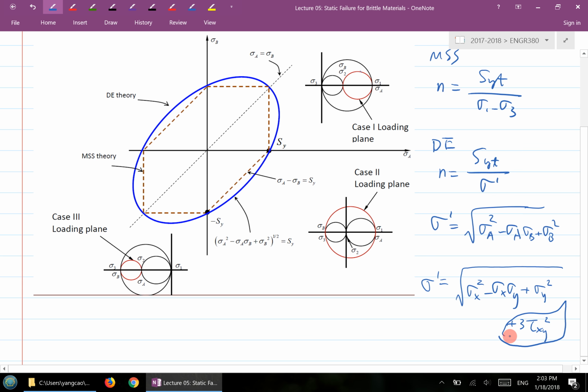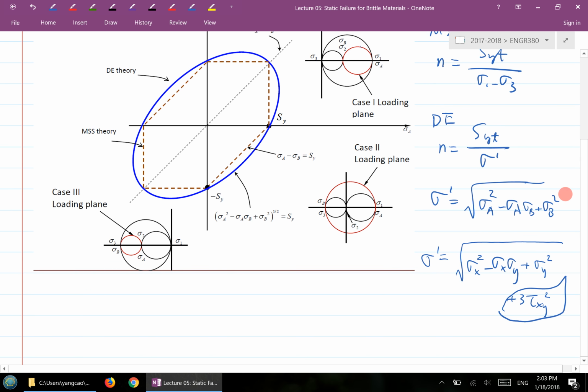Either way, you can get the sigma prime. It will be the same. And MSS, as we said, is a little more conservative compared to the DE theory because it's inscribed between the DE ellipse.